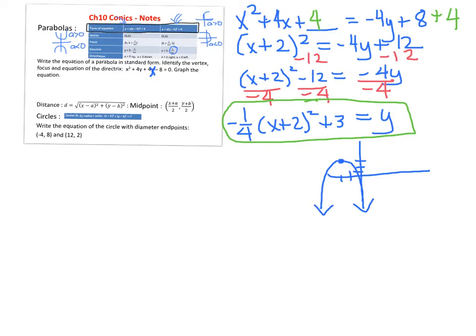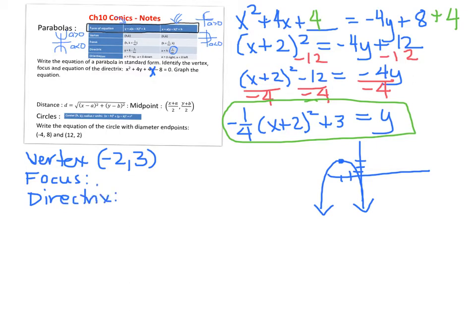So there's my graph. Now they want the center, the vertex. So we know the vertex. Always take the opposite of what's in the parentheses and exactly what is outside. So negative 2, 3. We have to find the focus and our directrix.